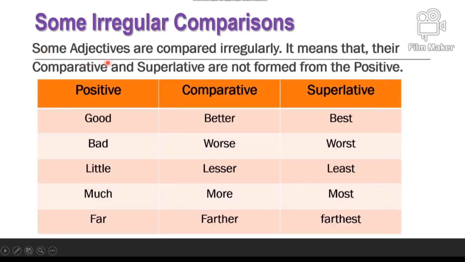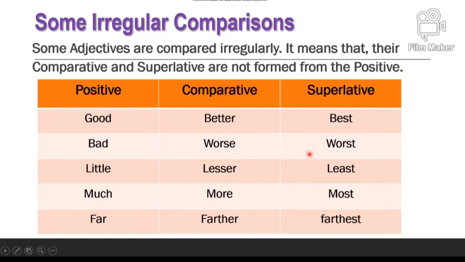Next, some adjectives are compared irregularly. Means we just have to remember them or we just have to learn them. No rules are followed for them. It means that their comparative and superlative are not formed from the positive. They are totally different. For example, good, better, best.